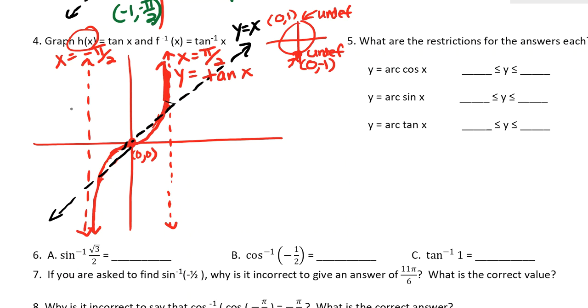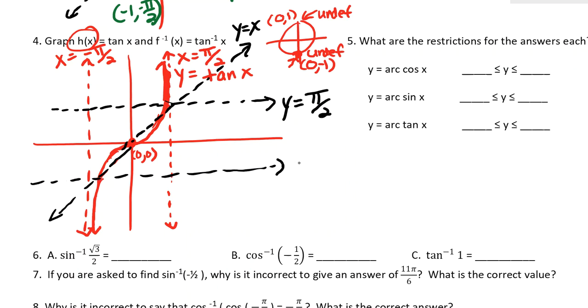The vertical asymptotes are going to turn into horizontal asymptotes. So we're going to have a horizontal asymptote at pi over 2, and the other asymptote folds down here. And our red graph is going to fold across and look like this graph.